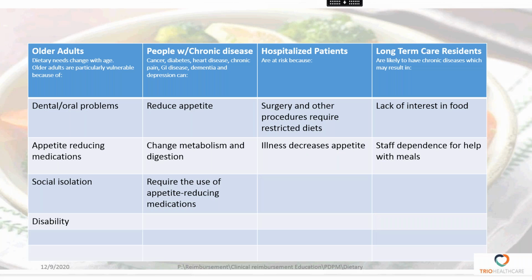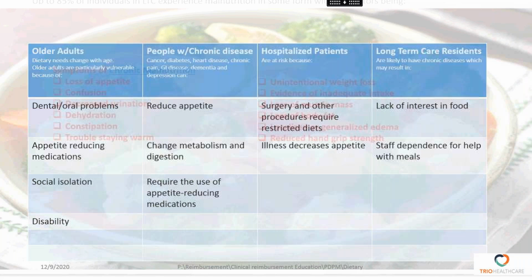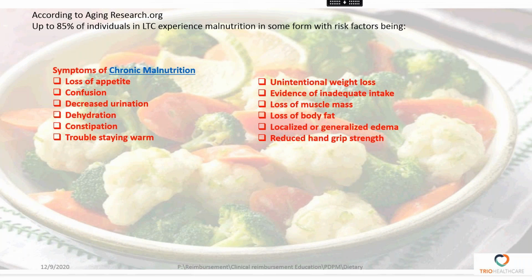So this is just a graph that again comes from one of the different resources that we have available from dietary journals. According to agingresearch.org, up to 85% of individuals in long-term care experience malnutrition in some form, with the risk factors being loss of appetite and confusion, decreased urination.